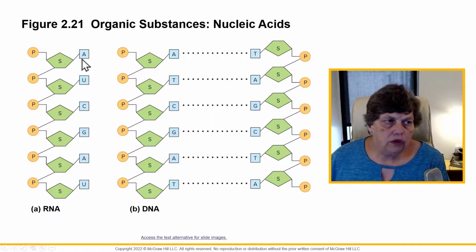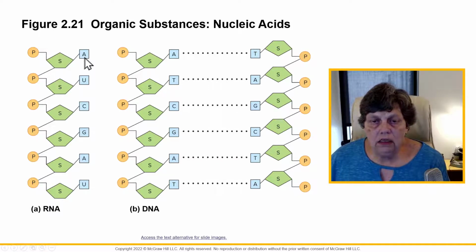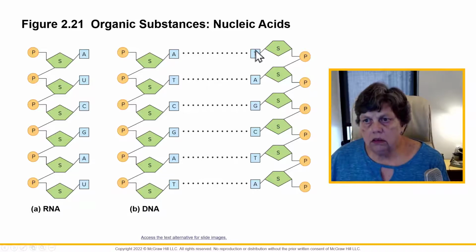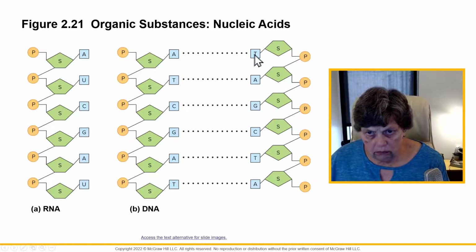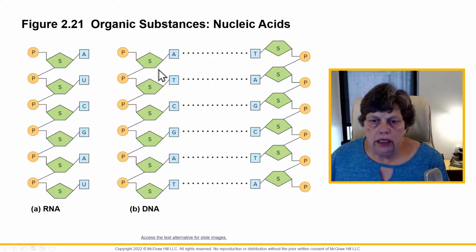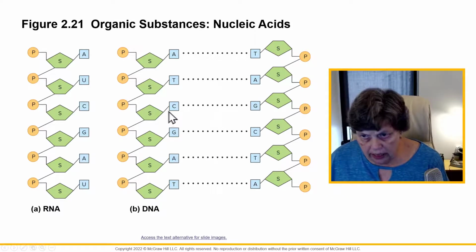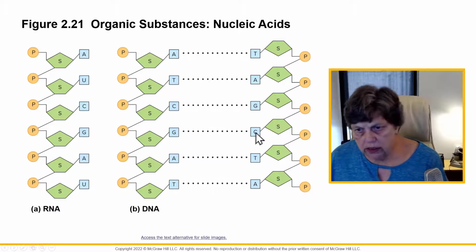The A, most of you know, adenine, thymine, the T, the C, cytosine, guanine, the G, and U, uracil. Adenine always bonds to thymine, okay, in DNA. The thymine bonds to adenine, cytosine to guanine, guanine to cytosine.